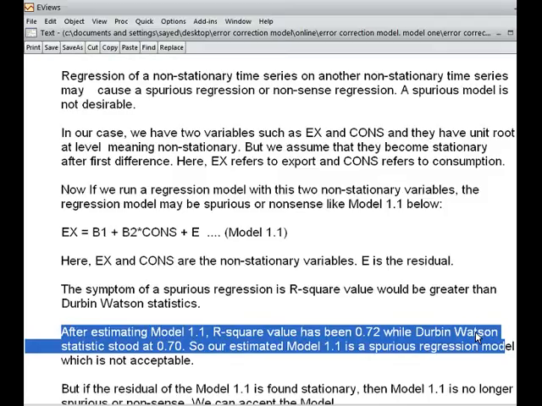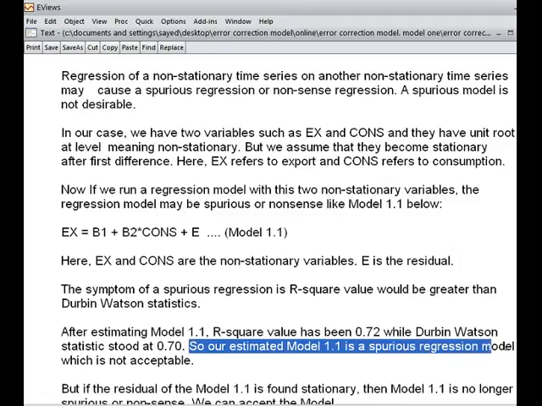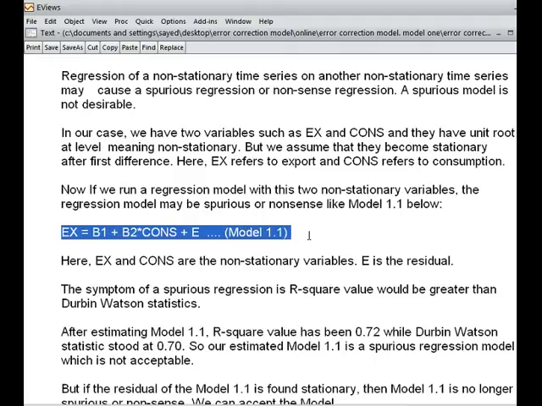R square is more than Durbin-Watson statistics. So it means that our estimated model 1.1 is a spurious model which is not acceptable. Okay. So model 1.1 is a spurious, we cannot accept it.